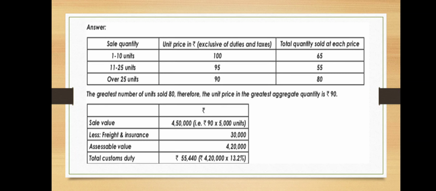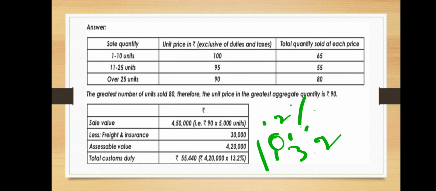So the 13.2 includes 12 for the BCD and 10% on 12. 10% on 12 is 1.2 itself. So 4,20,000 multiplied by 13.2%, you will get 55,440. That will be the total custom duty payable.